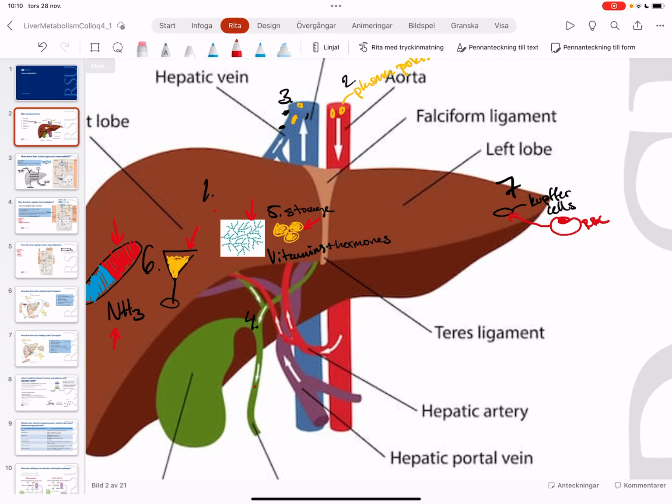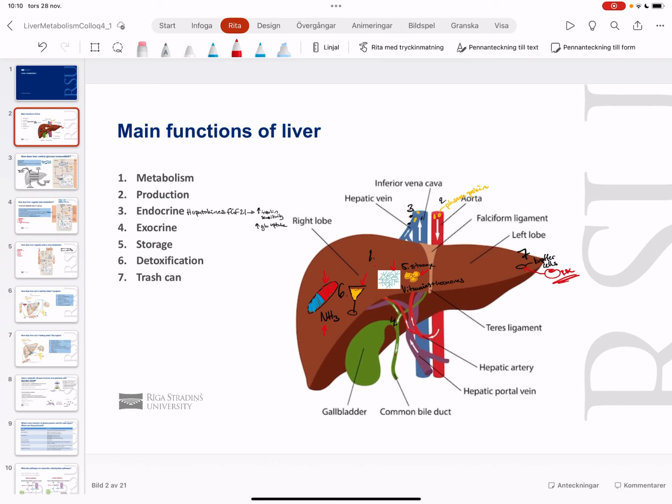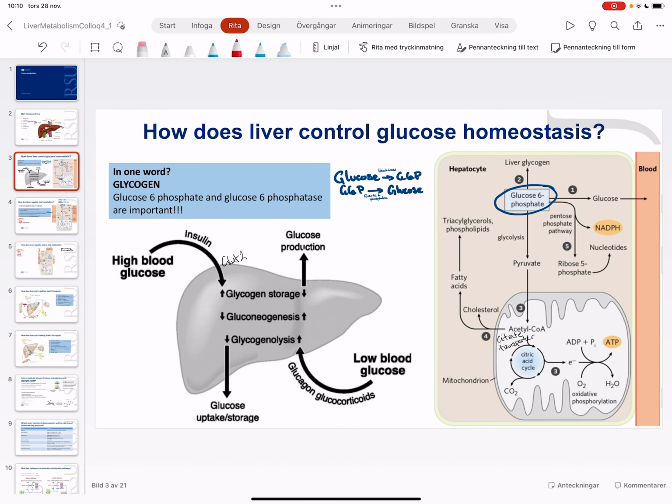Another function: I don't think we have to know exactly how it works, but the liver has Kupffer cells that get rid of the erythrocytes. So right now in this lecture, there's a lot of repetition from our last colloquium, so I will just go through that very quickly.